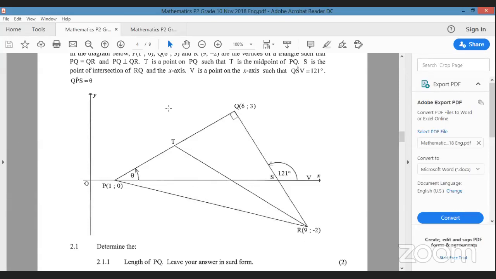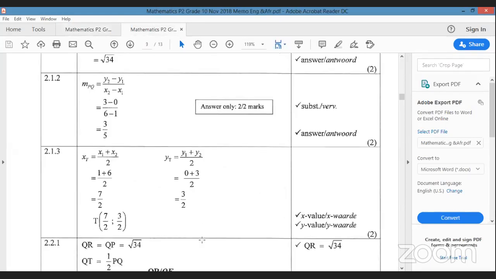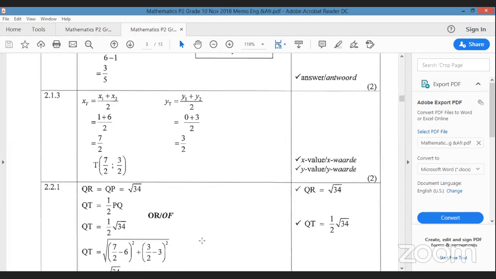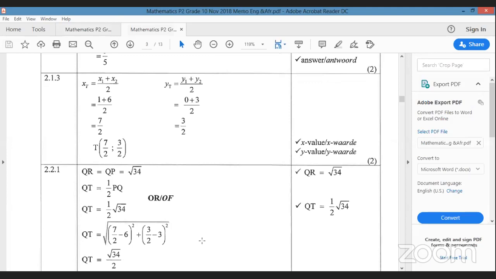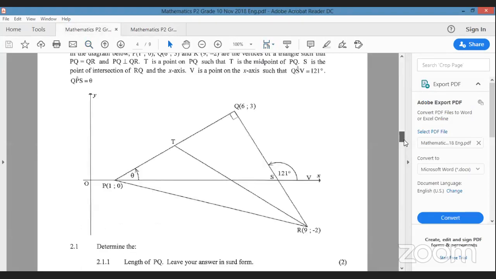So it's just going to be half times base times height. Now, if you look here, that's what they did here. They said, okay, QR is equals to QP because we were told that QR is equals to QP. We were told here in the statement above, right?